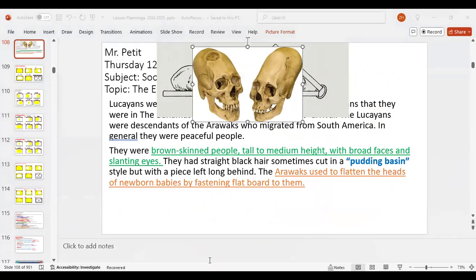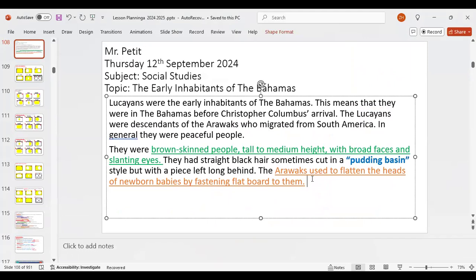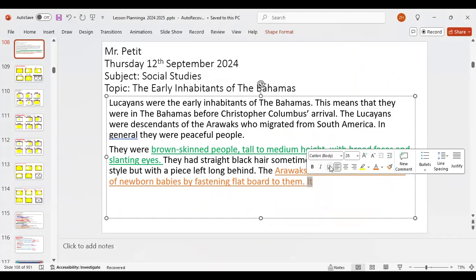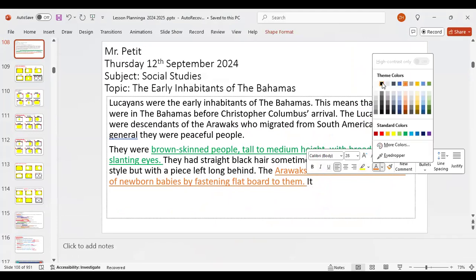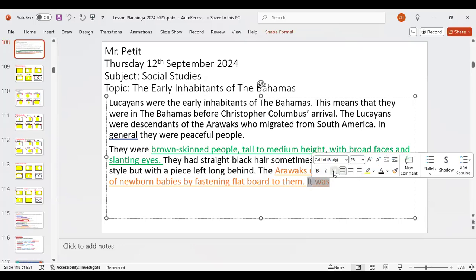Okay, so moving right along. So flattening the heads was for beauty and for fashion. There was also another reason besides beauty and fashion. It was also for protection. Who said that? Jamia. Very good, Jamia. It would make all the swords and shields and weapons bounce right off the heads. Very good point, Malik.